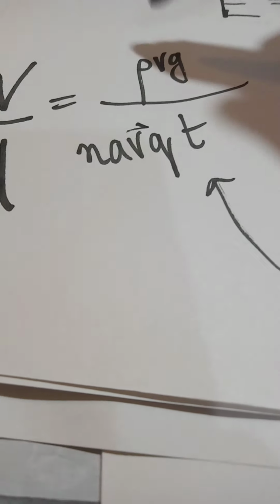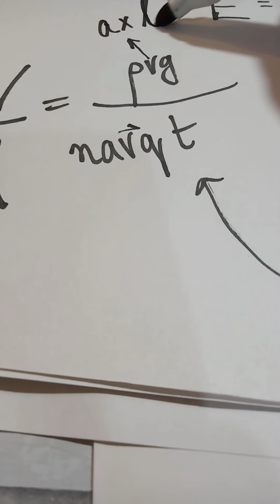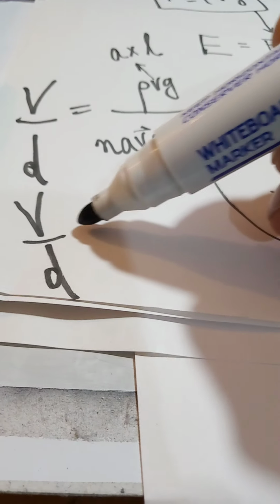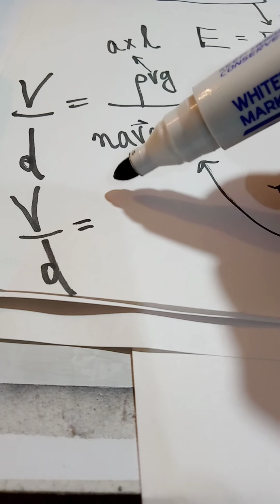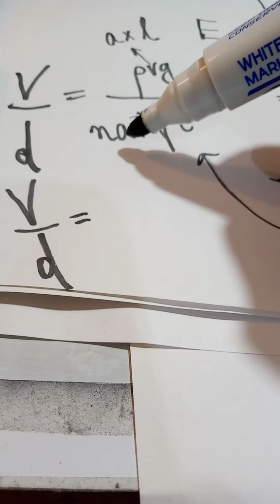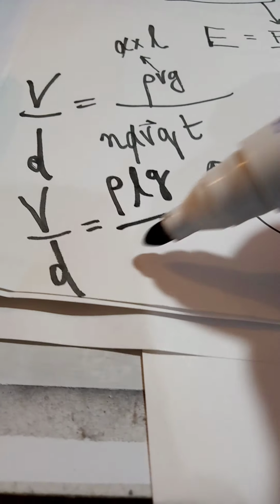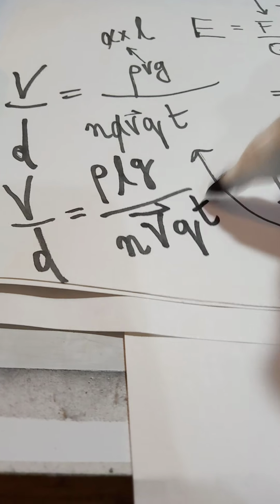Now we know that volume decomposes into area times length. So what we can do now is cancel out the area, the A's cancel out, and just leave length here, so it'll be rho L g over nVqT.